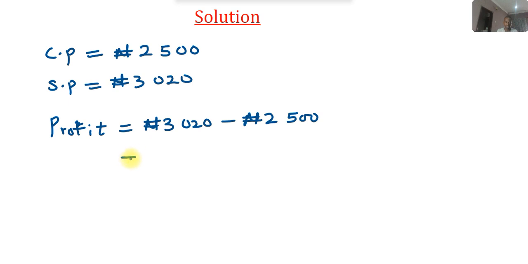So in that case, if you use your calculator and remove 2,500 from 3,020, you will have 520 naira.